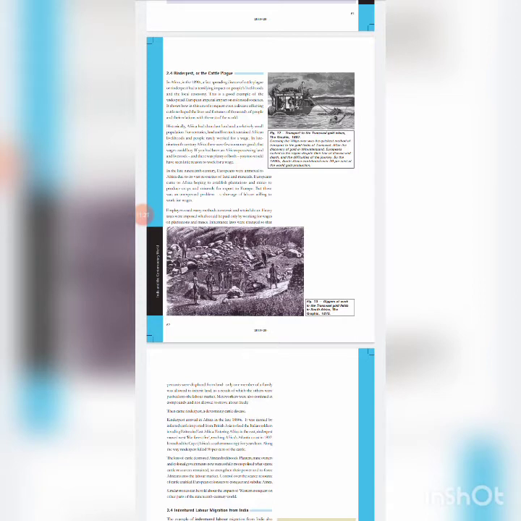Europeans came to Africa hoping to establish plantations and mines to produce crops and minerals for export to Europe. But there was an unexpected problem: a shortage of labor willing to work for wages.